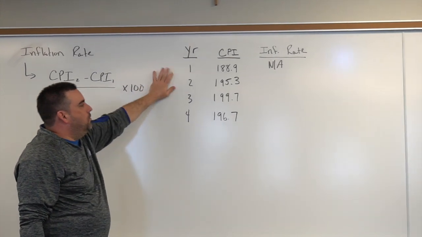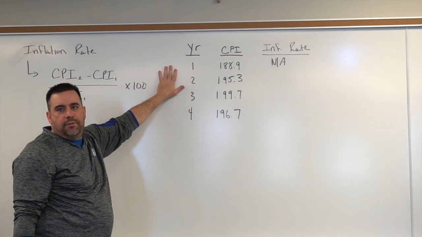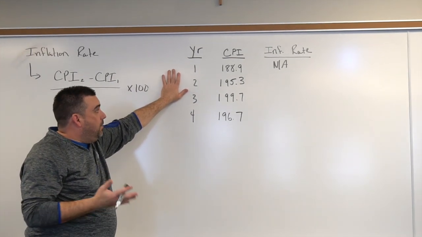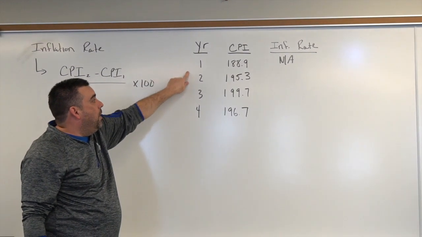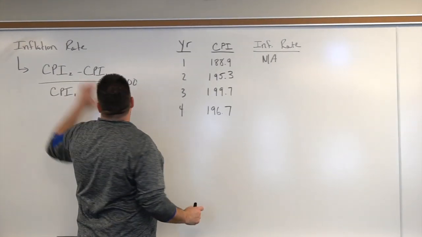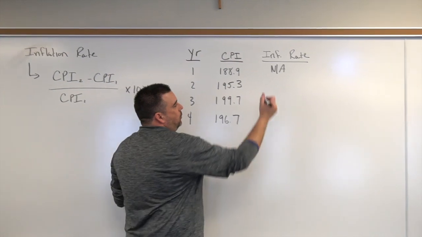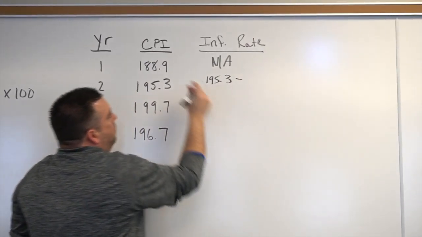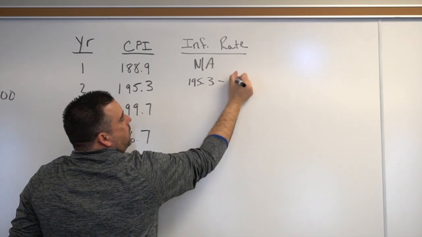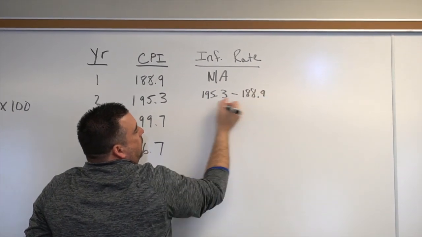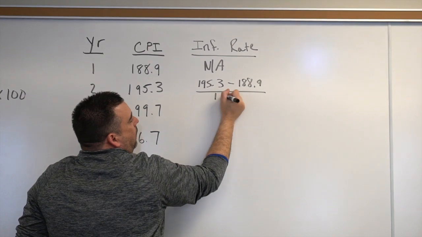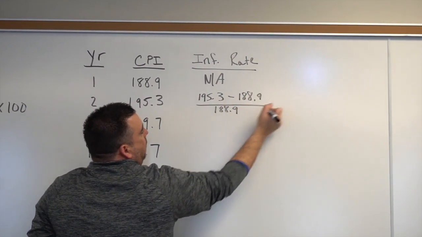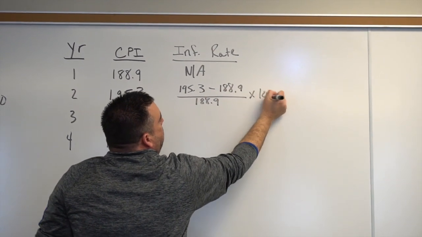Once we get to year 2, I do now have 2 years of comparison. So I'd be able to find the inflation rate from 1 to 2 using my formula. So the CPI new, 195.3, minus the prior CPI, 188.9, divided by that prior 188.9, times 100.